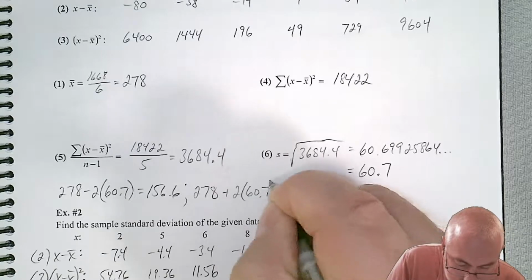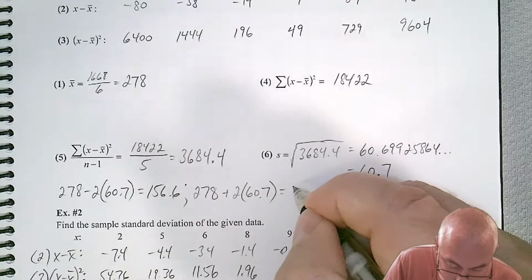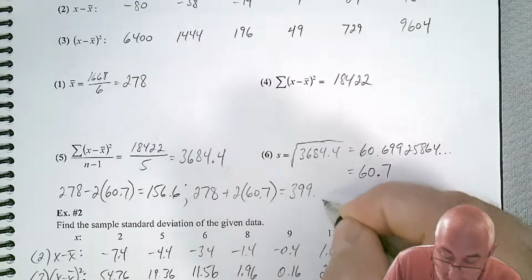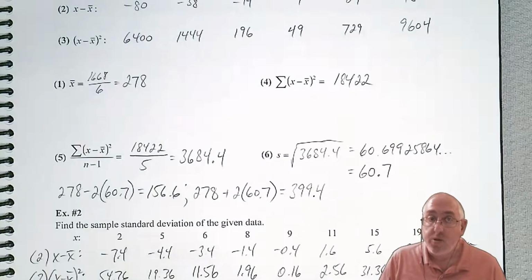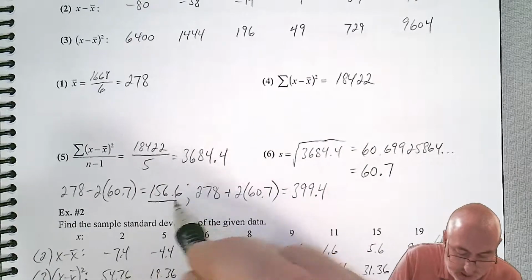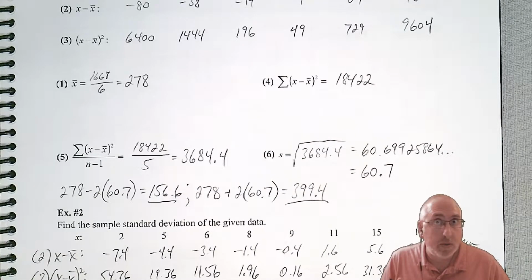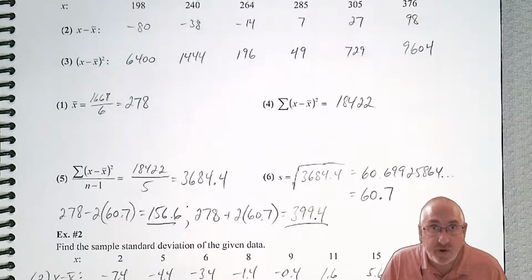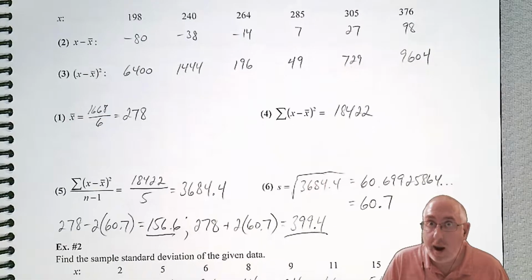Now if you're worried you're going to have to do this, don't. We're not doing this for this class. It's just to show you how and why Chebyshev's theorem works. So now we have these two cutoffs, 156.6 and 399.4. What Chebyshev's theorem says is that at least 75% of our original data should fall between those two cutoffs.